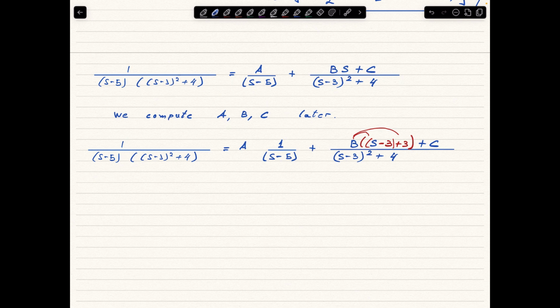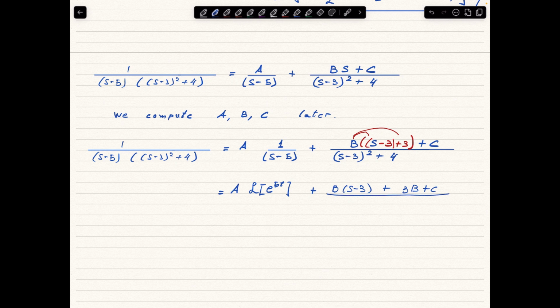If we do all that, what we have is a, the Laplace transform of exponential 5t. And now here we are going to have two terms. The first term is going to have a b, and then, well, let's put it all together. So here, b, s minus 3, and then we are going to have plus 3b plus c.